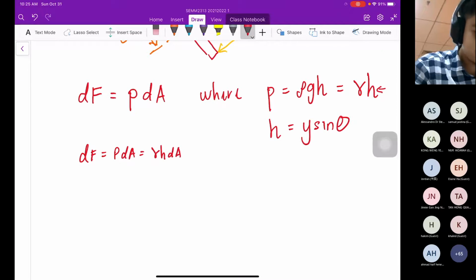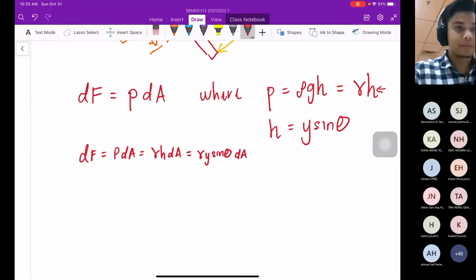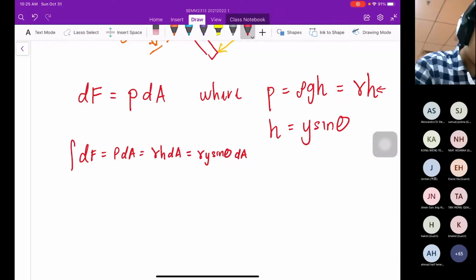Gamma H dA, I try to substitute H with Y sine theta. So gamma Y sine theta dA. So from here, we try to do the integration. Integrate.